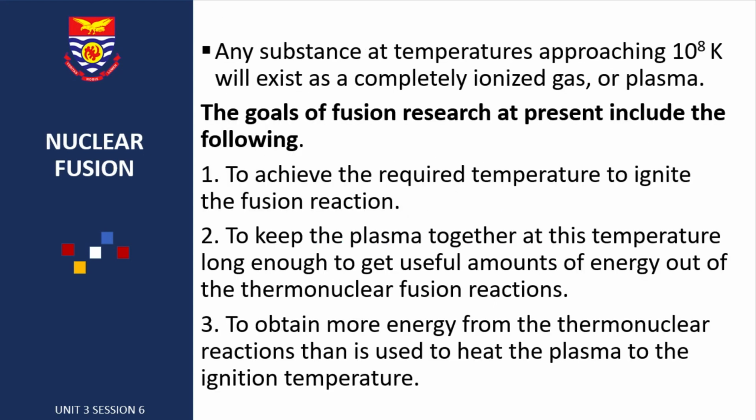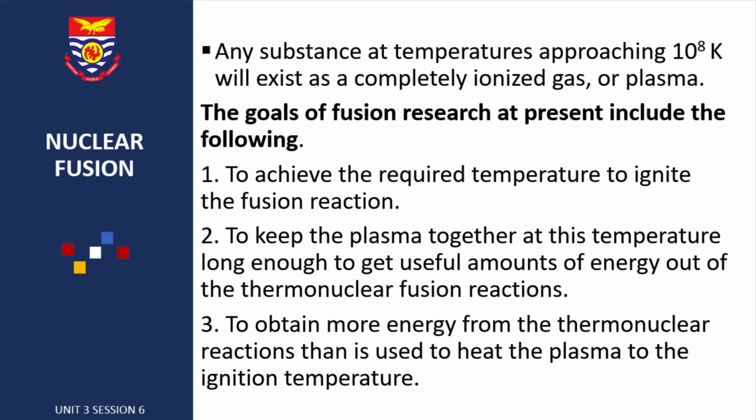We have established early on that each fusion reaction is characterized by a specific ignition temperature which must be surpassed before the reaction can occur. And we looked at the deuterium to tritium reaction, which we said has an ignition temperature above 10^8 Kelvin. This is an enormous amount of temperature.